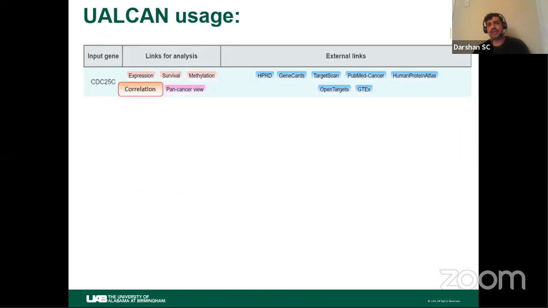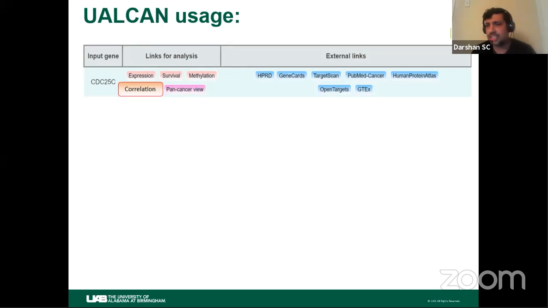The next aspect that UALCAN provides is the correlation information. Many of you might know that it's always interesting when you find a particular gene that shows high expression. Most often the question is, what are the other partners of this gene? Is there any gene which behaves in a similar way compared to the gene of interest?